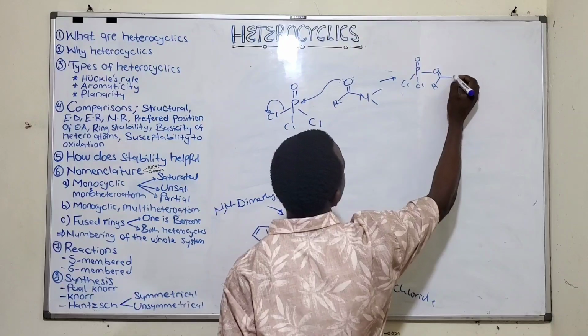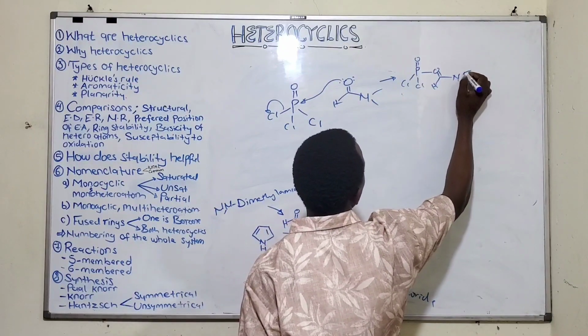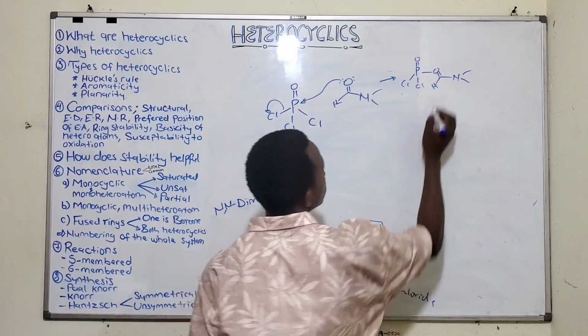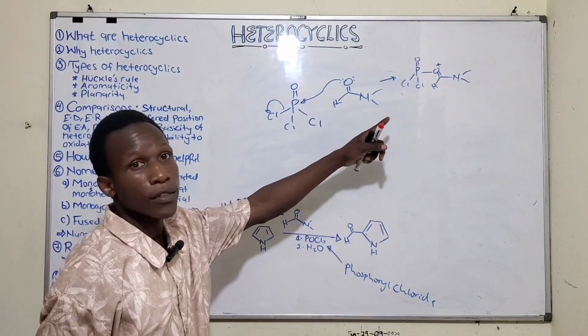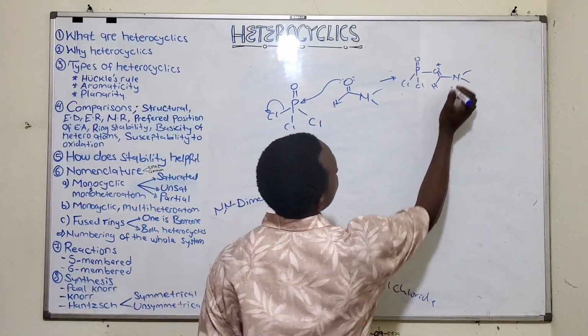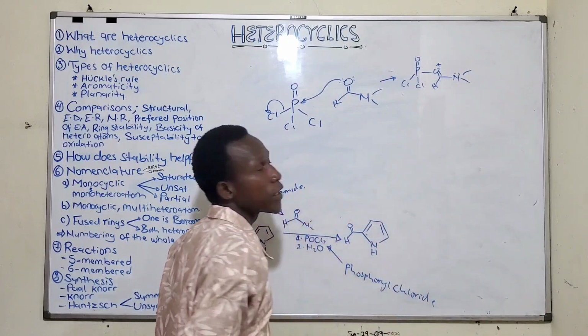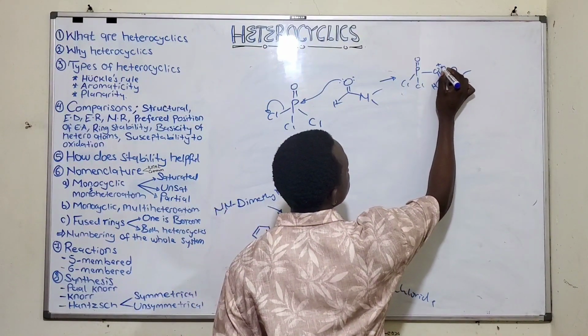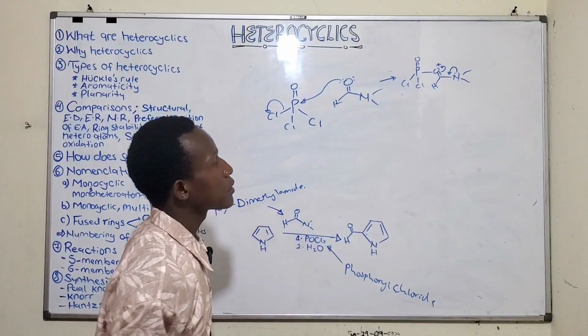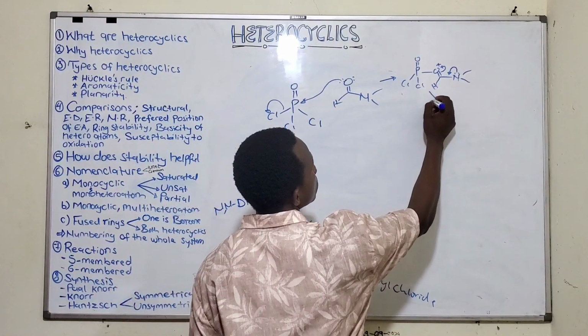So here it is, hydrogen, N, and methyl groups, but it's now a plus. So nitrogen is having lone pairs. As it forms a bond here, oxygen stabilizes. So we shall form this.